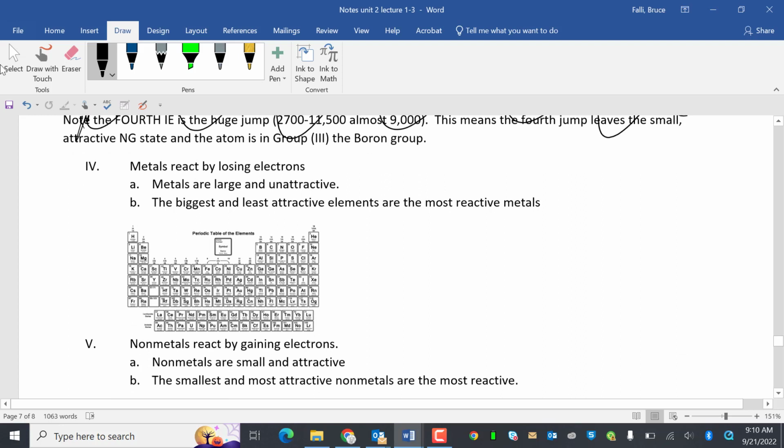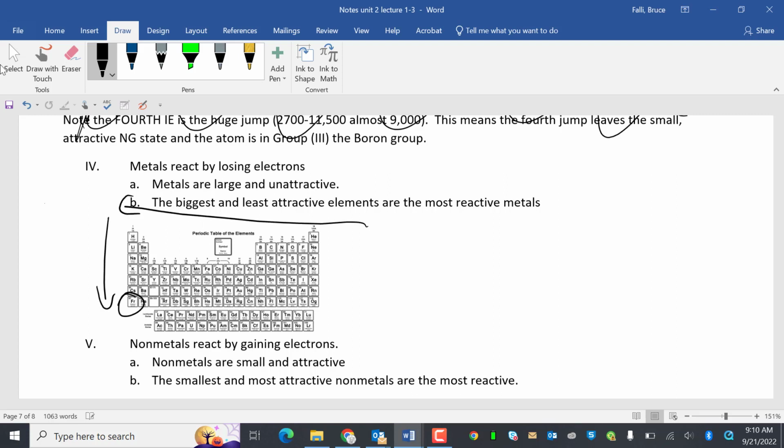All right. Now we're going to do reactivity. Metals react by losing electrons. So metals are large and unattractive. So the biggest and least attractive metal is the most reactive. That means francium's the most reactive because as you go down, you get larger because more energy levels.